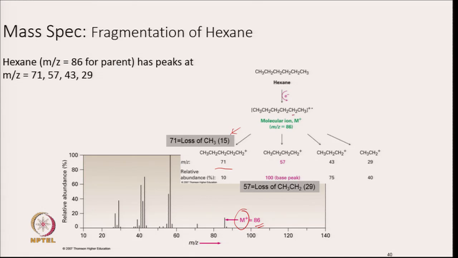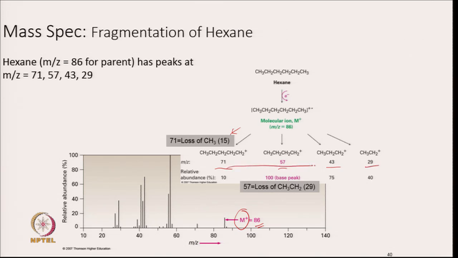The second loss of CH2CH3, which is 29, and if you subtract 29 from 86, then you will get 57, and 57 minus 14 is 43, and 43 minus 14 is 29.